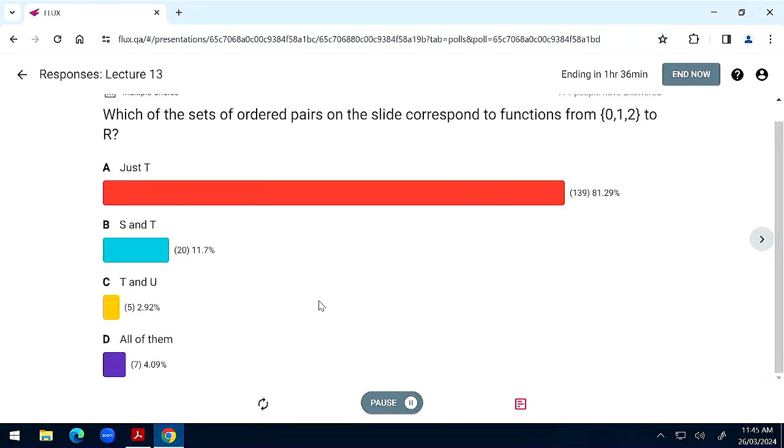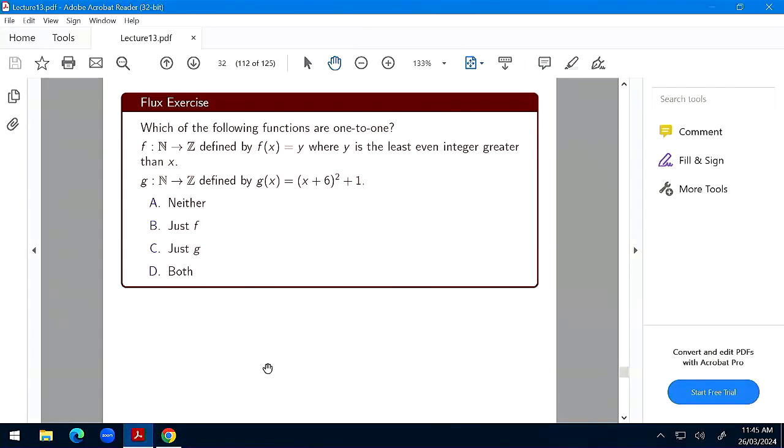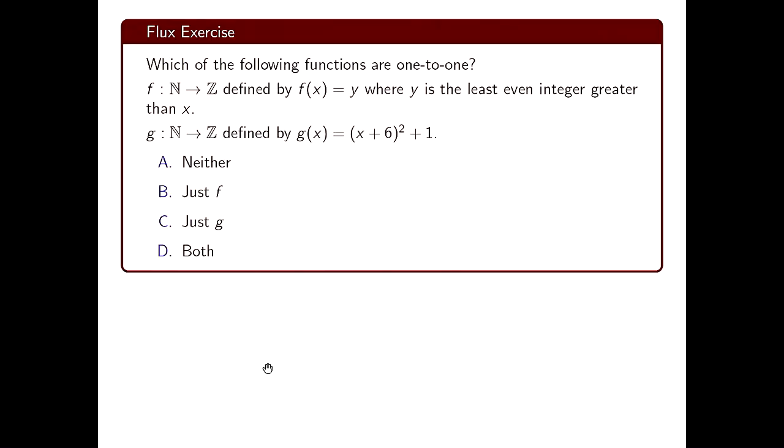So getting tangled up here. So we'll only take, this will be almost a lightning round.